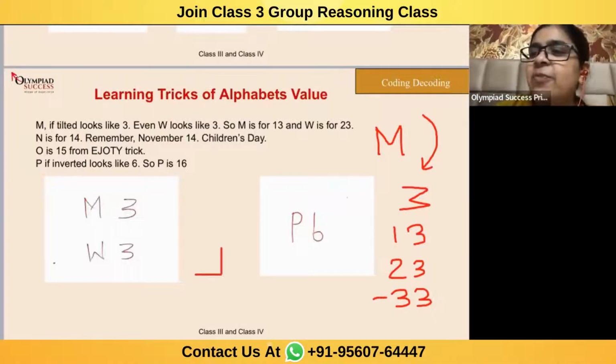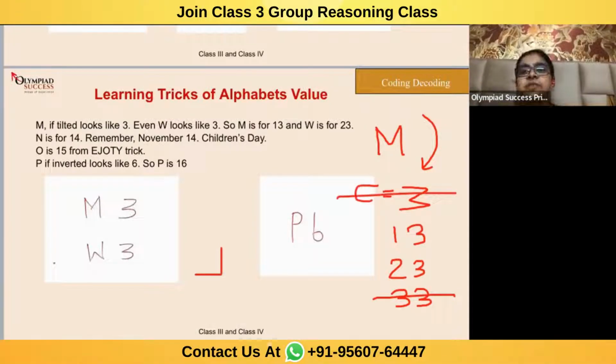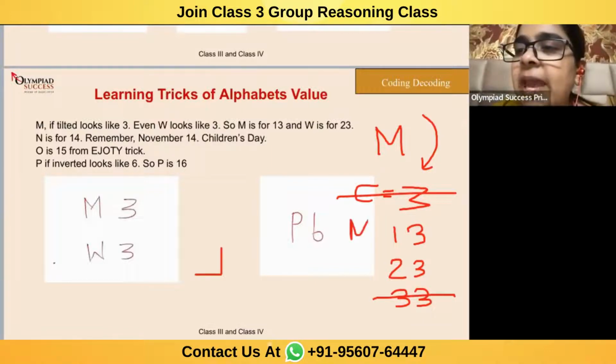So 33 is not possible, ma'am. C has already taken up 3, ma'am. So 3 is also not possible. So now we have to think that M is coming earlier or closer to the end. That is, the end is 26. So 23 will be very close to 26, that is close to Z. So M is not close to Z, correct, Amoka? So the answer would be M is equal to 13.